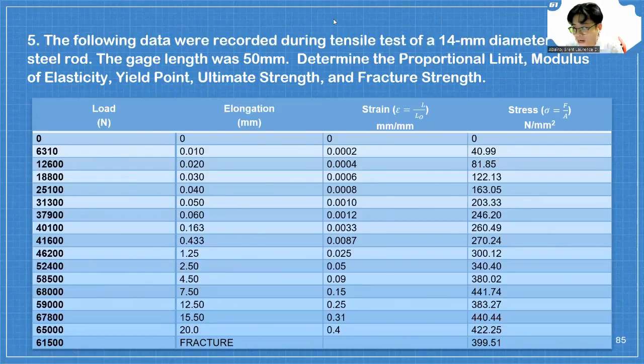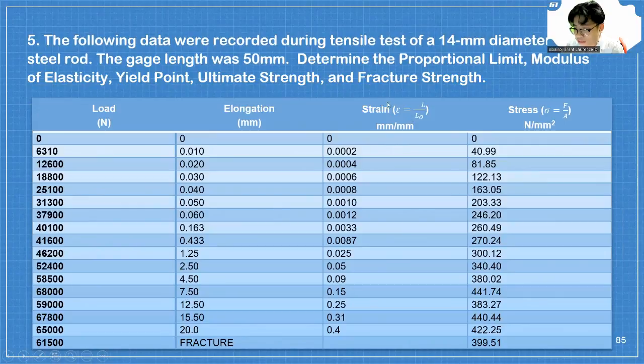It is said na ang ating diameter is 14 millimeters and yung length ng ating material is 50 millimeters. In this data given, ang given lang is ang load or yung ating force and yung ating elongation, we should get its counterpart or yung its own stress and strain nung ating mga given data.